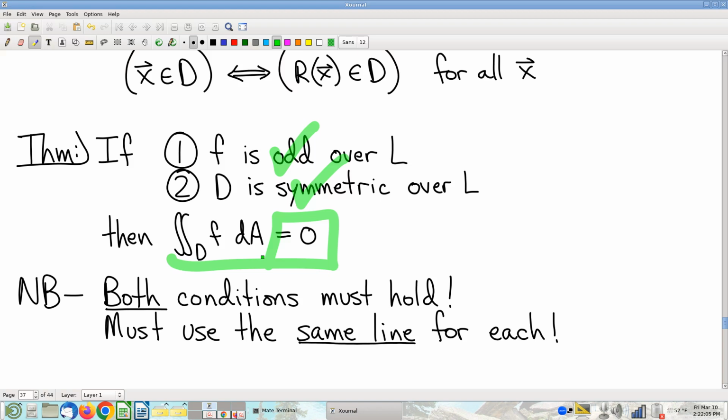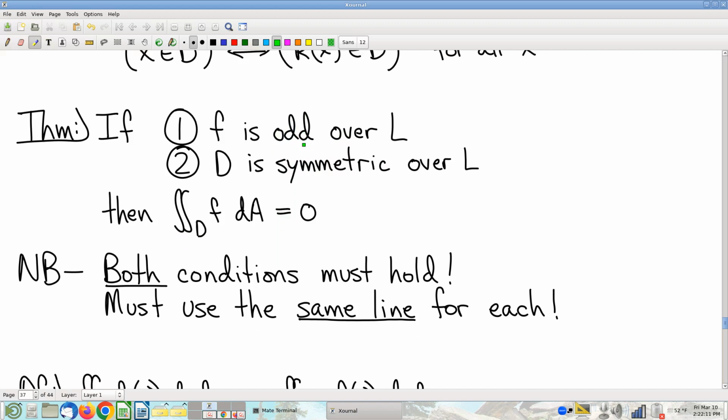I'm just doing an example in just a second here. Really, really valuable. A warning, though, both conditions have to hold. A very common mistake that I've seen students make over the years that I've been teaching multi is to see a symmetric domain and get excited about that and then say, oh, the domain's symmetric, integral must be 0.